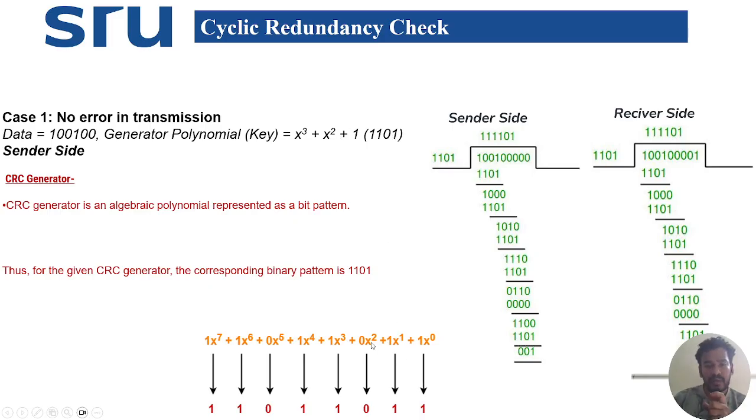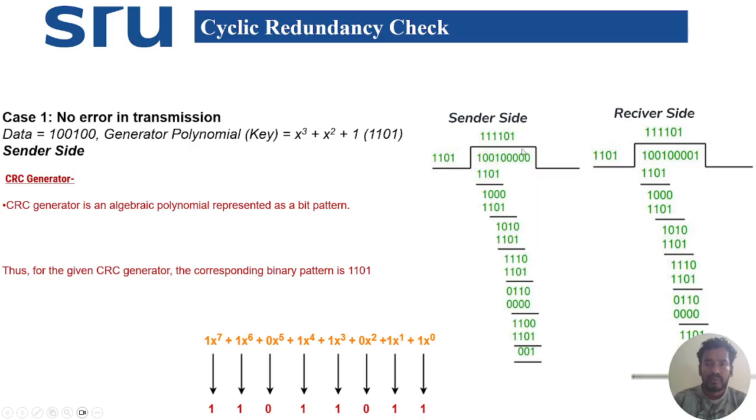For example, x to the power 0 we take as 1, x to the power 1 as 0, x squared should be 1, and x cubed should be 1. We take the values from this generated polynomial key, so 1 0 1 1, like that we write it.